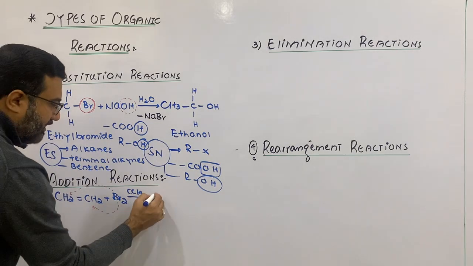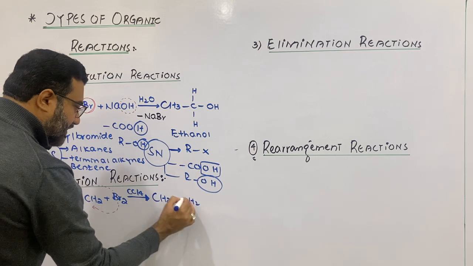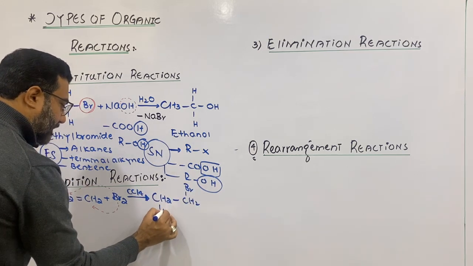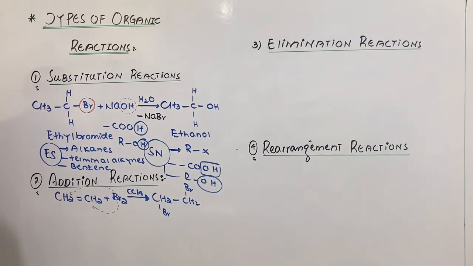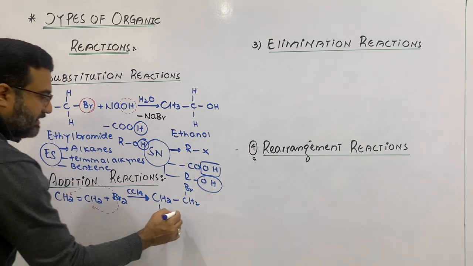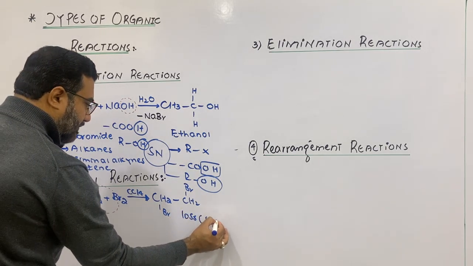The product formed will be CH2Br-CH2Br. This is 1,2-dibromoethane. Now, my dear students, in this reaction there is loss of one pi bond.